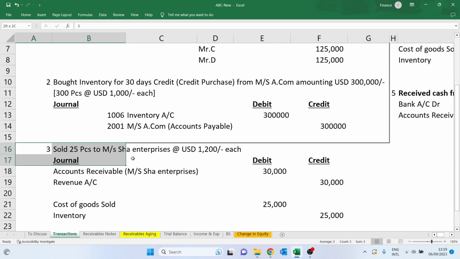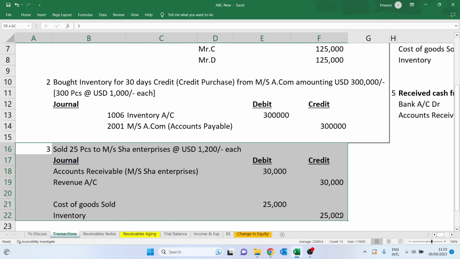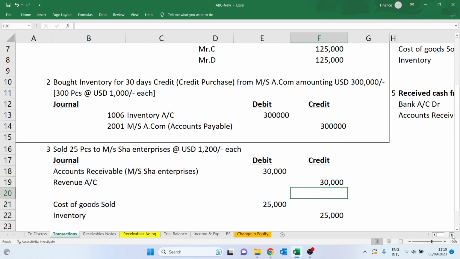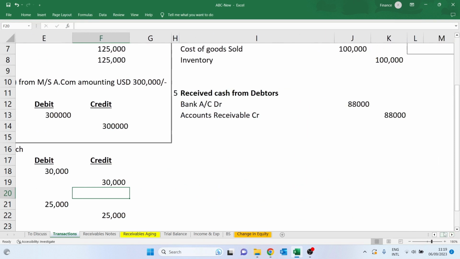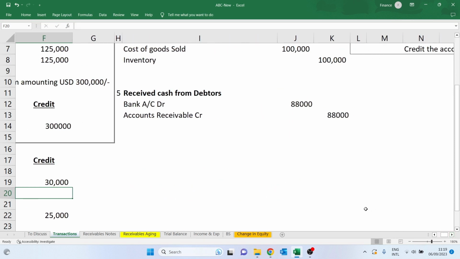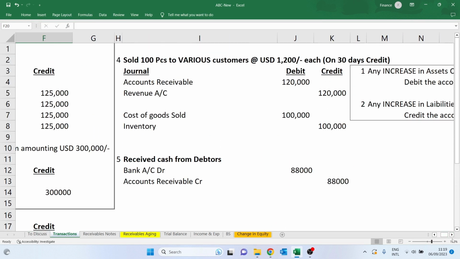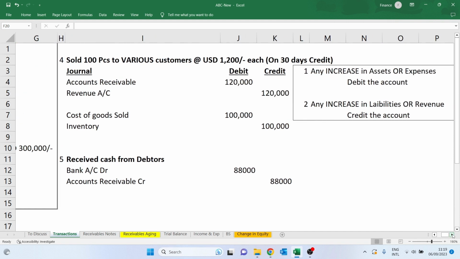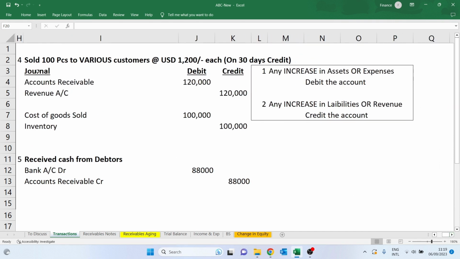At present we only have one customer in our hand. So let us sell a few more items so that we will have more customers to prepare the aging. Here we are going to discuss another sales entry: accounts receivable. Sold 100 PCs to various customers.